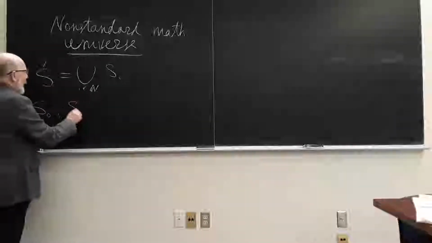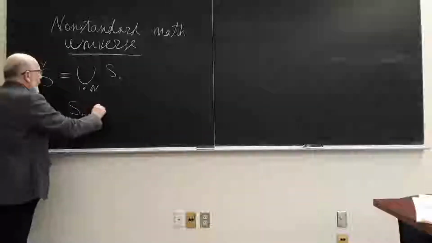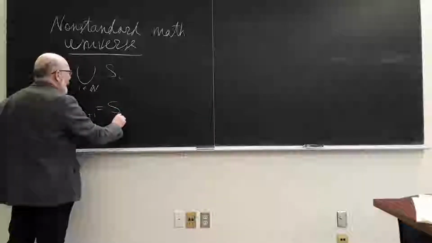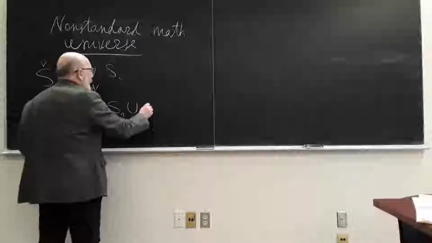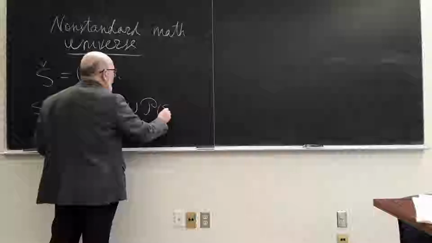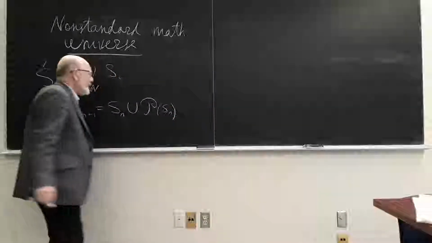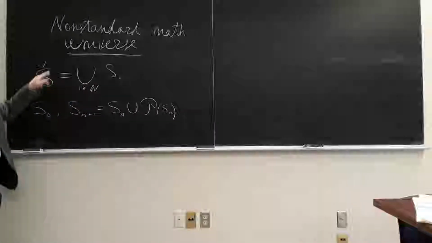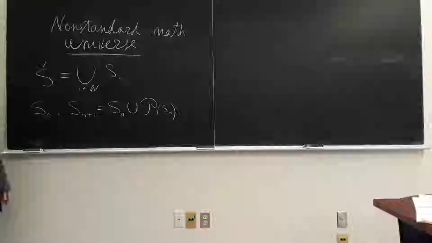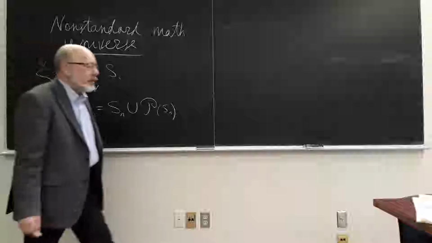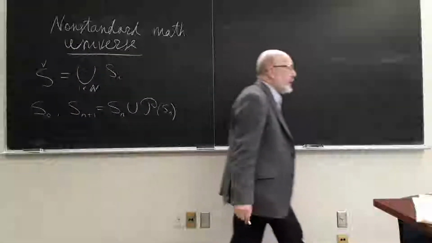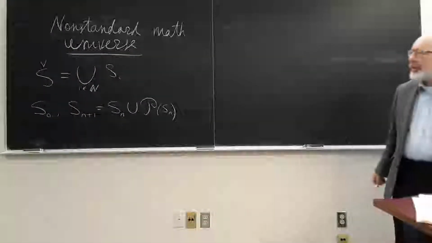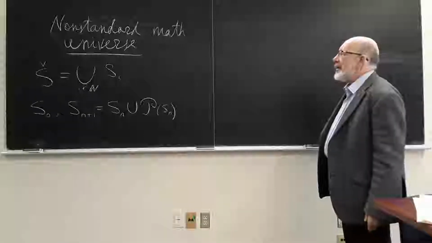And Sn plus 1 equals Sn union P of Sn. So the union of all these sets is the set S check, which is called the superstructure based on the set S0.